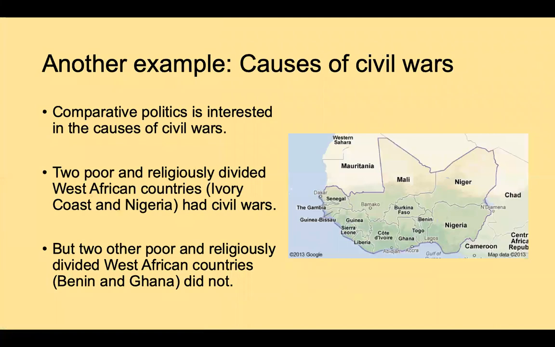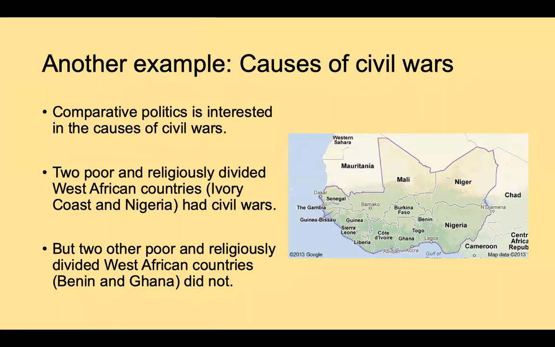Let's look at another example. This is the example of the causes of civil wars. Civil wars are of interest to us in comparative politics. We want to understand what causes them. Though we don't study civil wars in this class, it's useful for us to use civil war as an outcome of interest because it's very important, and we obviously care a lot about that outcome and how to prevent it and maybe how to understand the consequences of civil wars better as well.